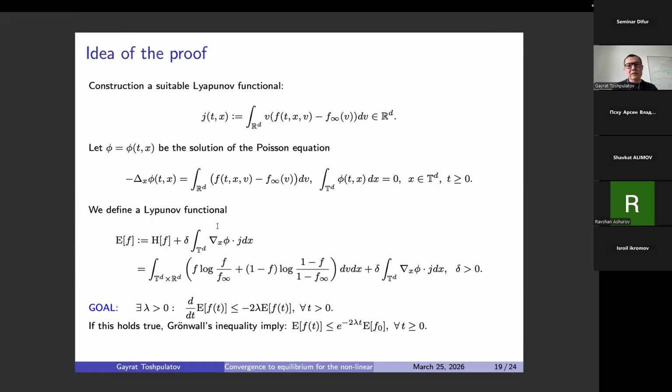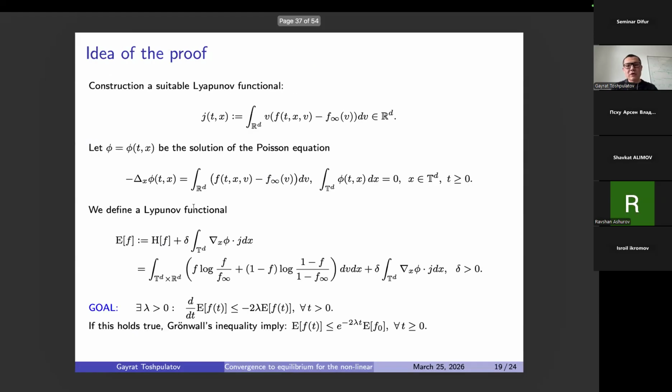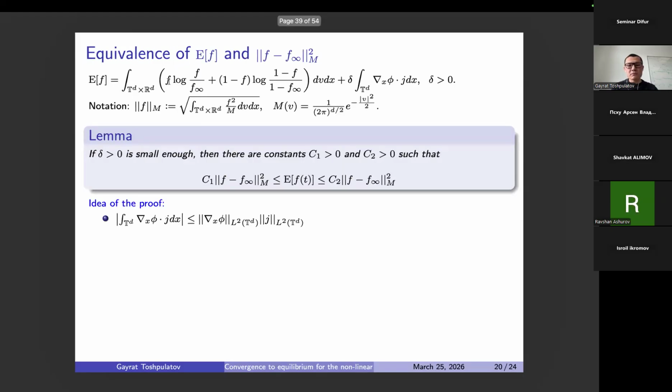Using this, we can bound the L2 norm of phi and g by this norm, but we have a square because we bound all of them. I don't want to give details, but you can expect this from the appearance of f minus f infinity in the definitions of g and phi. Okay, we have this estimate.